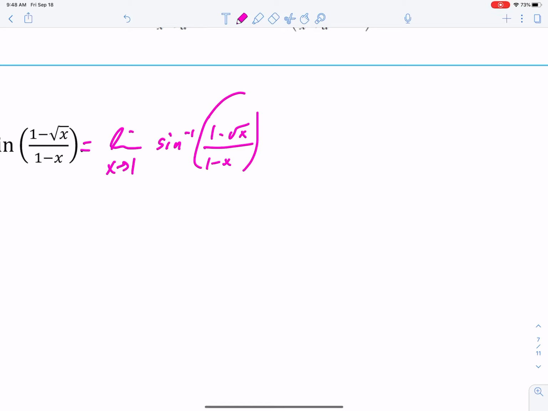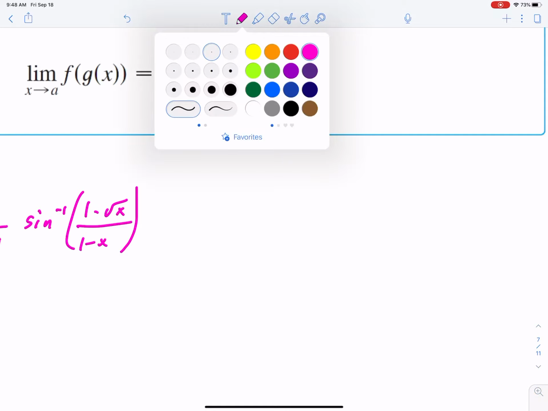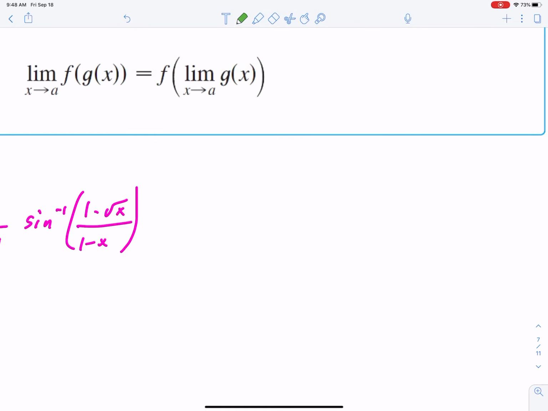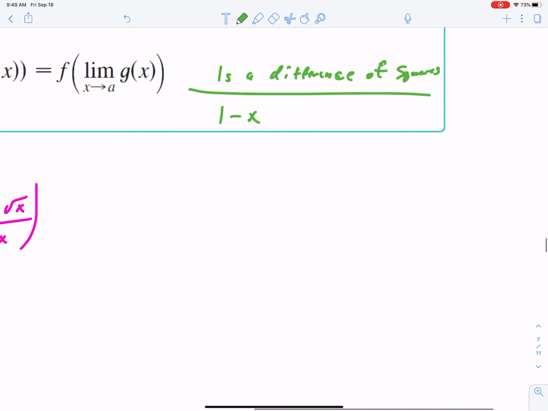Well, we can simplify this fraction. You're thinking, wait a minute, the old man's messed up again. Well, hold on, I'm going to argue with you for just a second here. I'm going to say that 1 minus x is a difference of squares. And you're like, oh yeah, he's really off his rocker now.